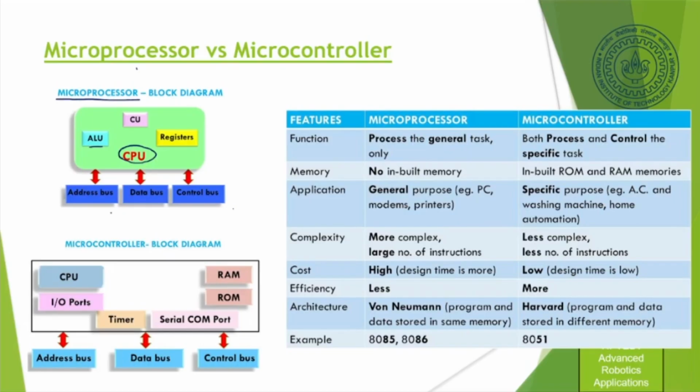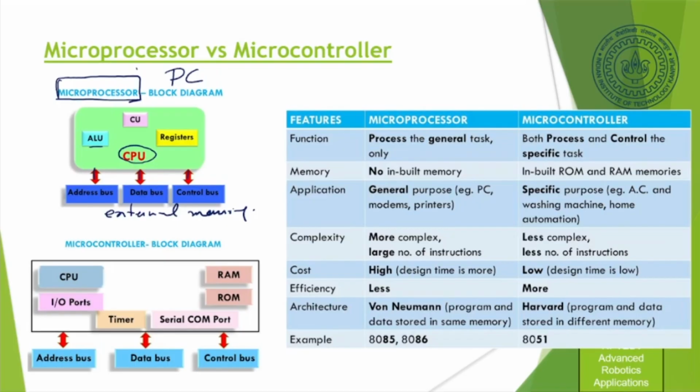And there is an external memory, on which we store the program and keep the data. So when the program has to be run, it has to be fetched from the external memory, and whatever data is generated can be put back into the external memory. These are the address buses by which the connections are made to the external memories. So this is essentially a microprocessor, something similar to our PC.